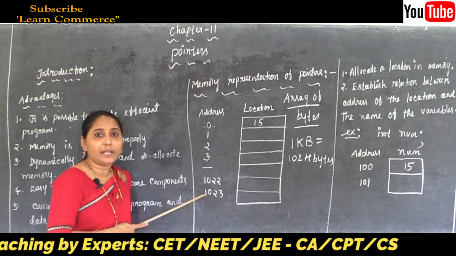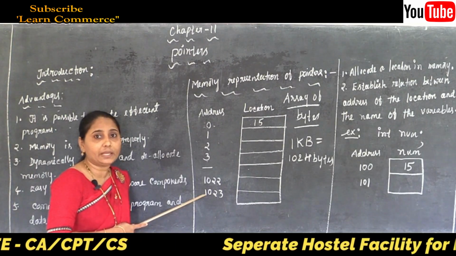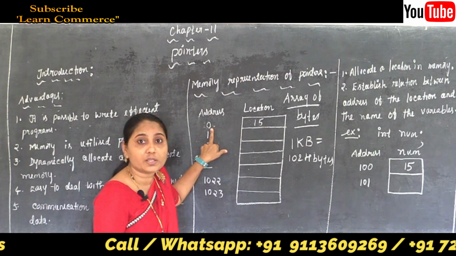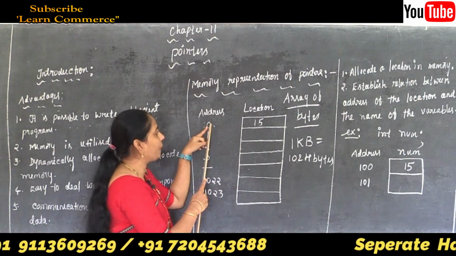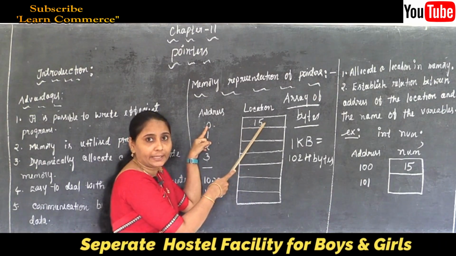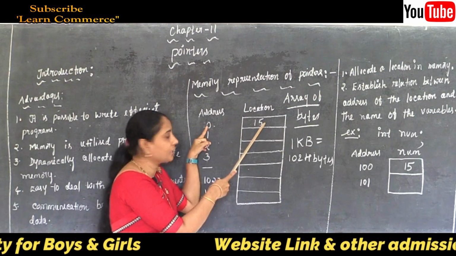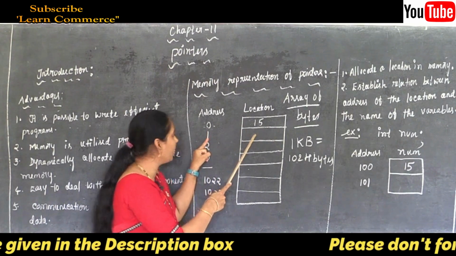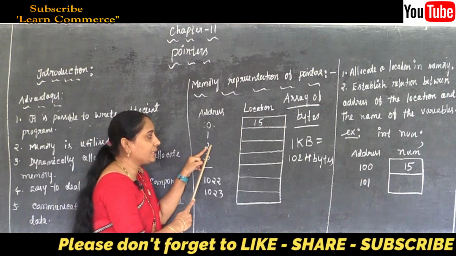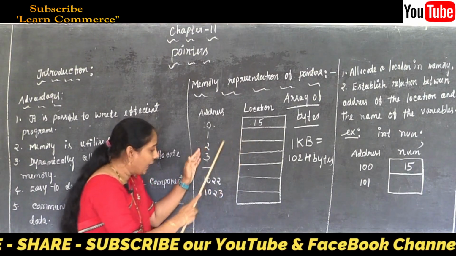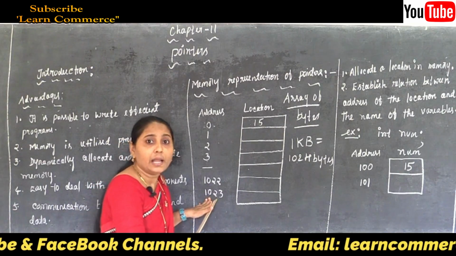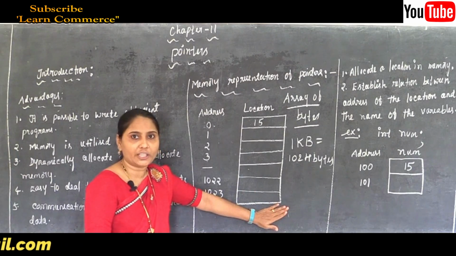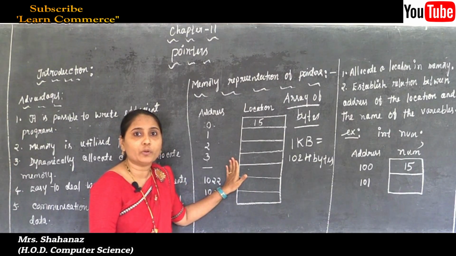In this example, 0 represents the address of the first location, 1 represents the address of the second location, 2 represents the address of the third location, and so on. Finally, 1023 represents the address of the last location. Okay, so this is about the memory representation.